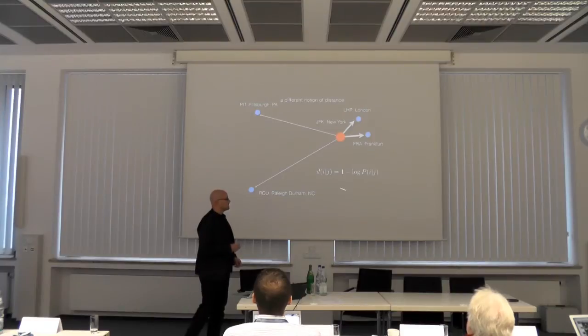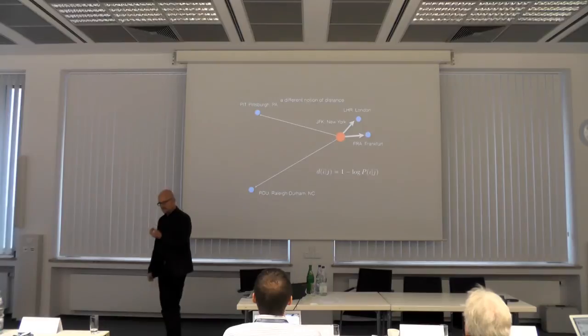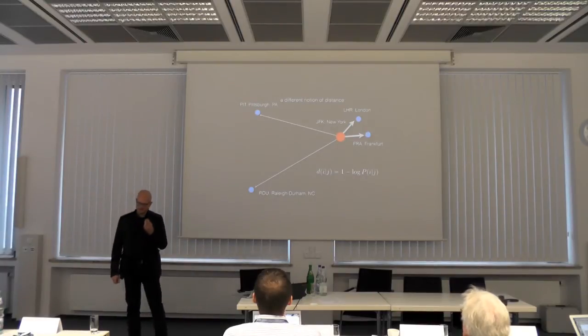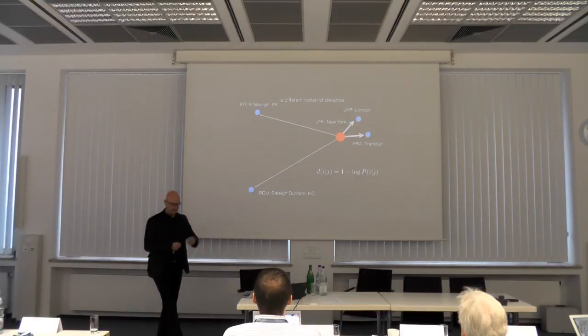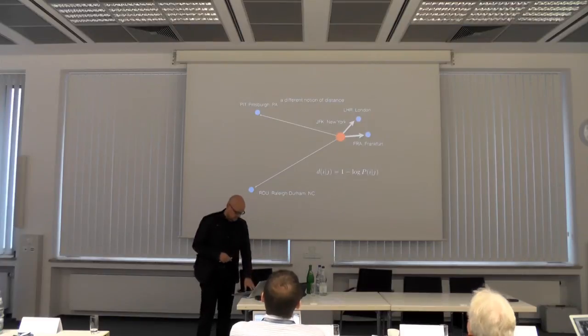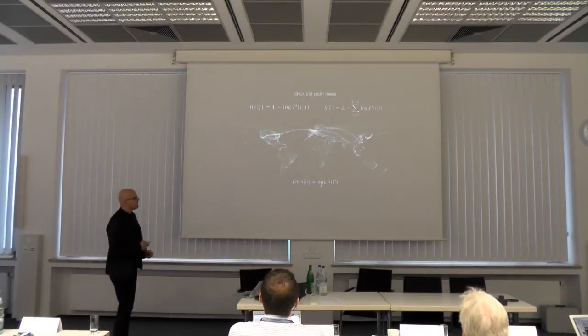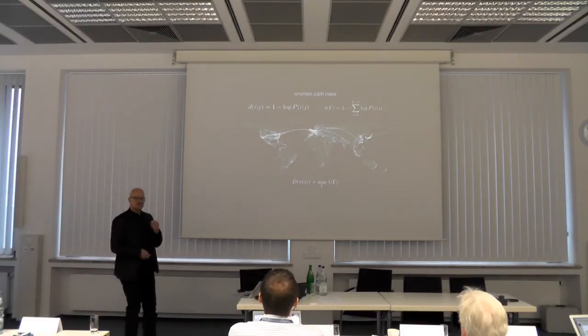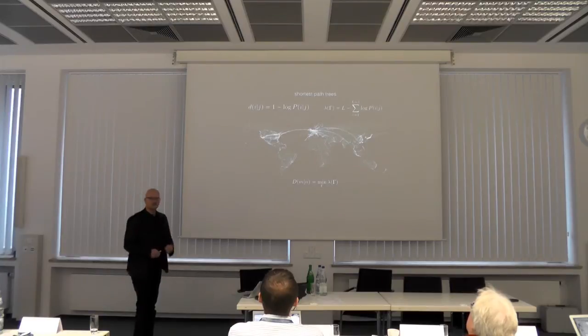And there's a math behind this that defines this effective distance from a reference location, any node in the network. You pick a node, and then you define an effective distance to all the other nodes in the network. I'm going to spare you the mathematics and just give you this intuitive notion. Given you're here at JFK, what is the shortest route to any other node in the network?